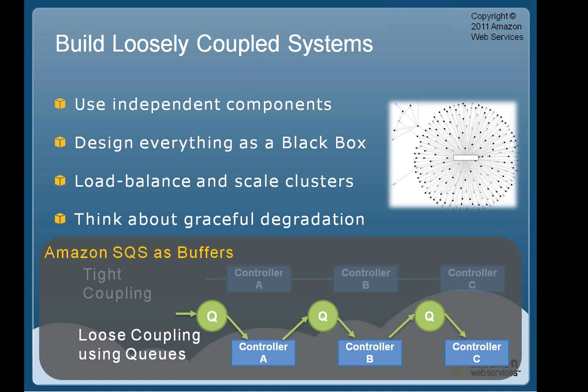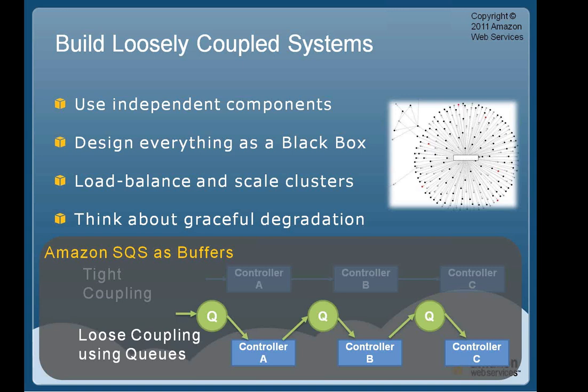With SQS, you can do this slightly differently, because SQS will be a great buffer between these controllers. And this is the drawing at the very bottom that's just faded in. Loose coupling using queues would bring in these green dots, the queues that are depicted as green dots, between each of the controllers.